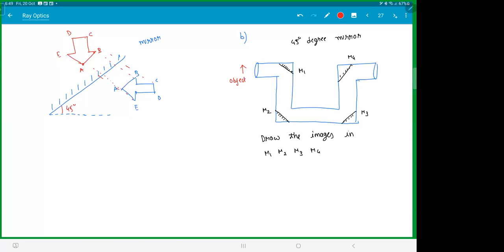Left, left, right, right. I don't think so. Try others. One more minute. Straight. There are four images, right?